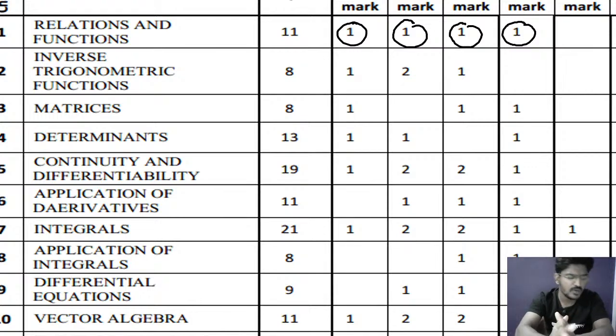How accurately you solve your 1 mark questions is going to affect your 100 marks result, because the students who can get 10 out of 10 in part A on their own, definitely they can get 100 marks.